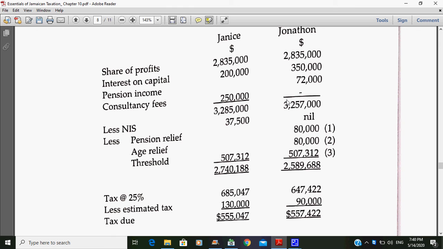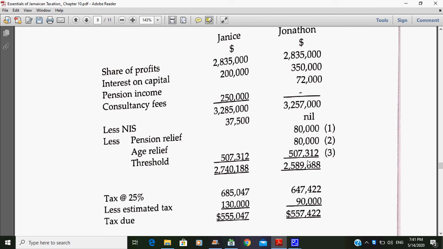You pay taxes individually as partners. Less NIS of 37,500. No, Jonathan wouldn't pay NIS. Why? Because he's 65. Janice doesn't get any pension relief, but Jonathan gets age and pension relief. It's 8,000.